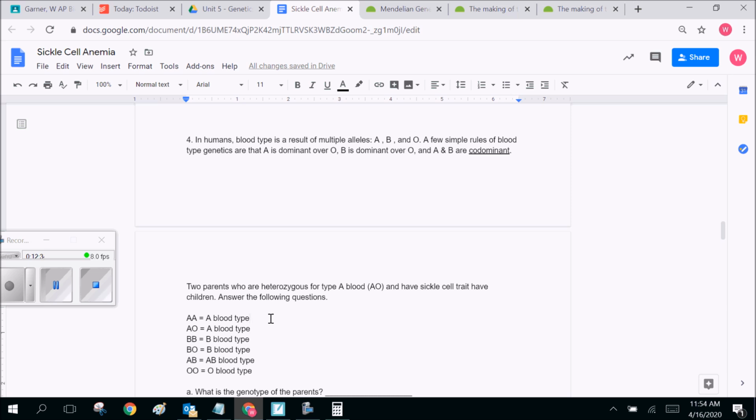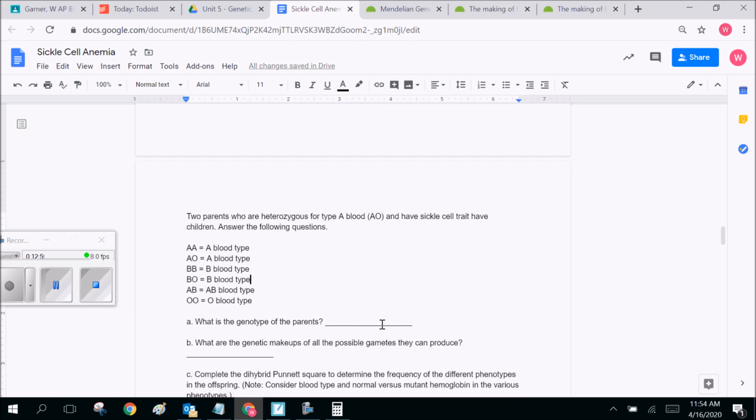AB blood types, however, can receive blood from anyone because they can receive A blood, they can receive B blood because they have both, and they can receive O blood, but they can't give blood to anyone else. So they're the opposite. They're the universal receivers, not the universal donors. I hope that makes sense to you guys. But anyway, that's how blood type works.